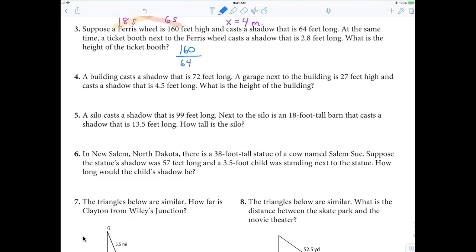The only thing I want you to do is, 160 represents the what? The height, yes. And 64 represents the what? The shadow. Yes, exactly. X over 2.8.